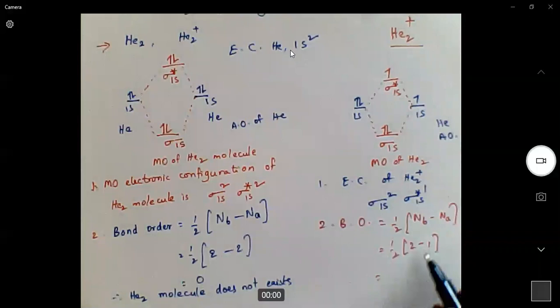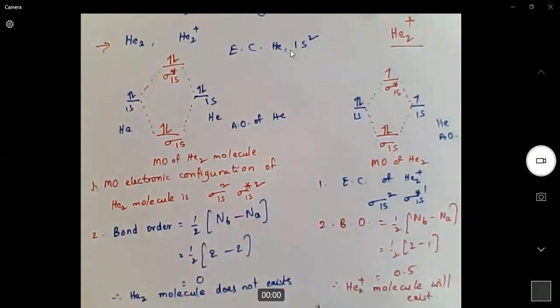So 2 minus 1, 1 by 2, it is 0.5. That means there will be a half bond between the 2 helium atoms. Therefore, He2 plus molecule will exist.